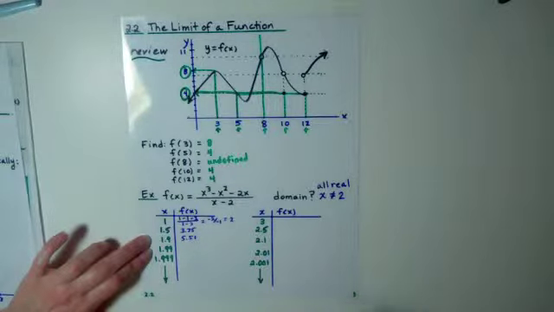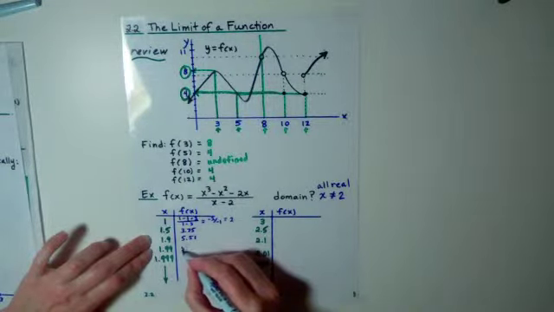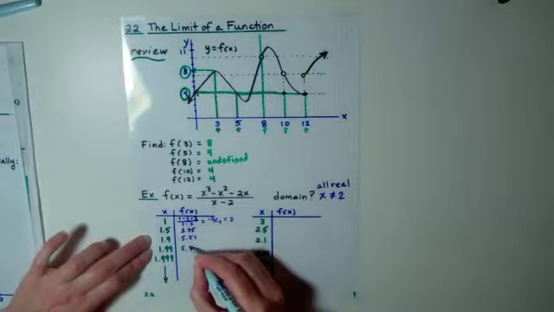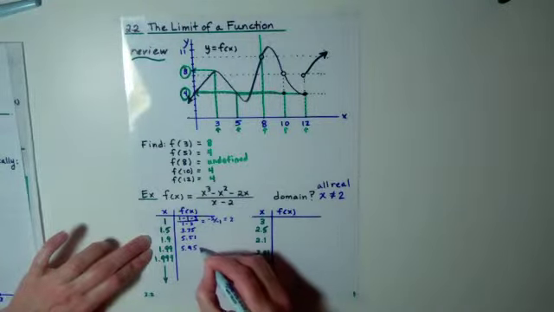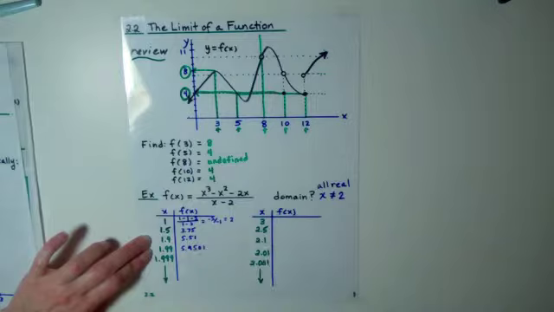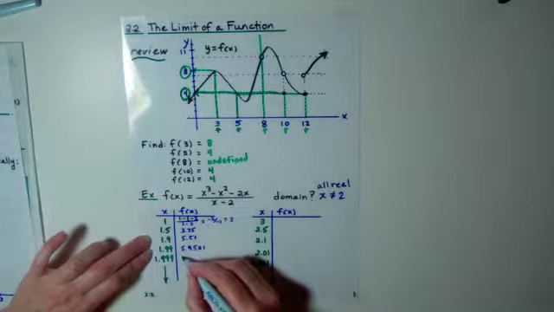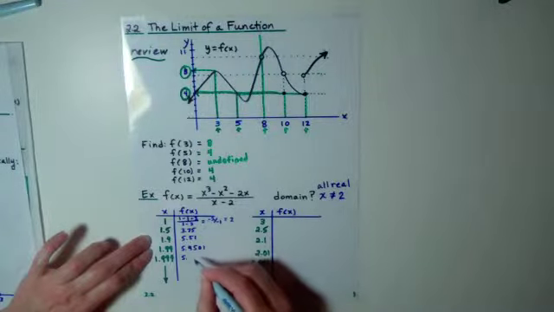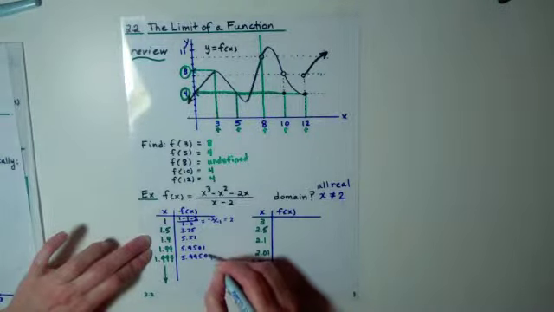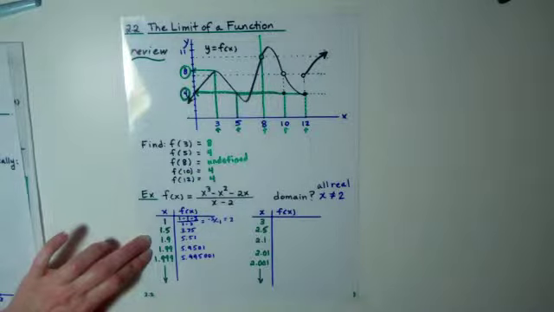And when I plugged that into my calculator, I got 5.9501. I did the same for 1.999. Again, that's okay, it's not equal to 2. And I got the output value of 5.99501.